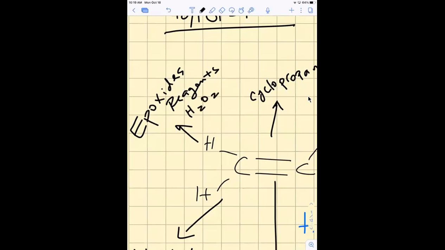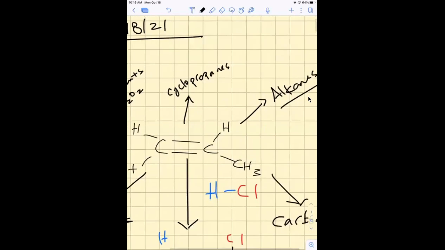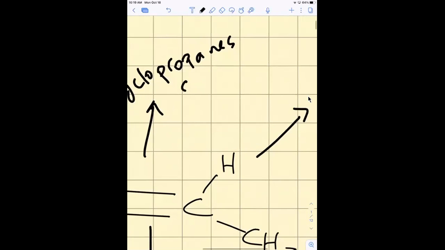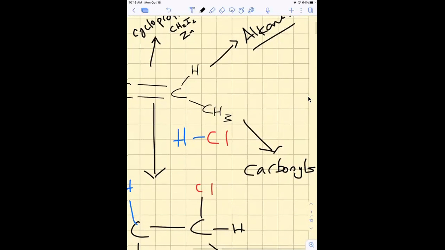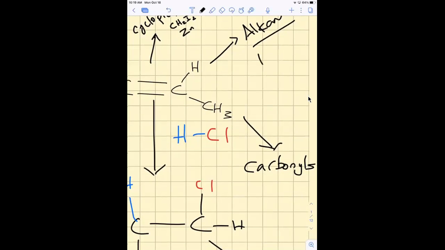That's one way to do it. If I want to turn it into a cyclopropane, I use zinc and diiodomethane. If I want to turn it into an alkane, I just need to add hydrogen gas to it.